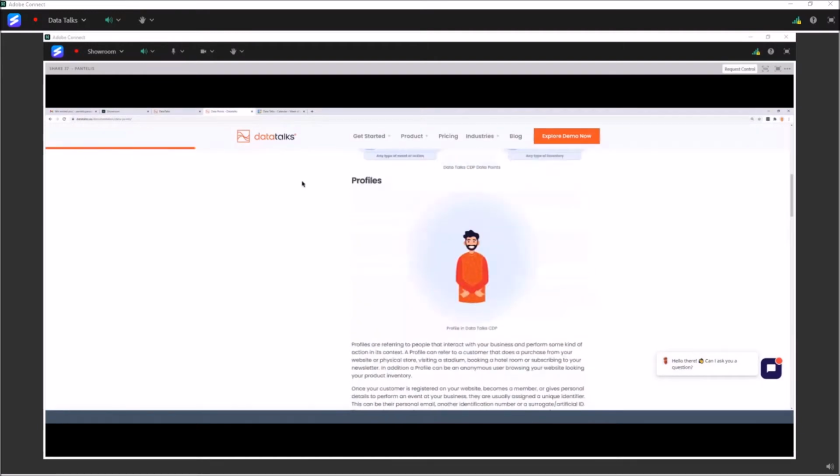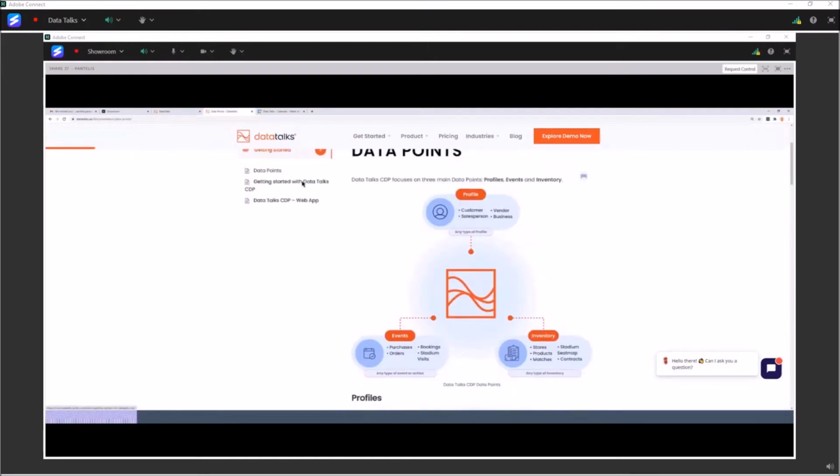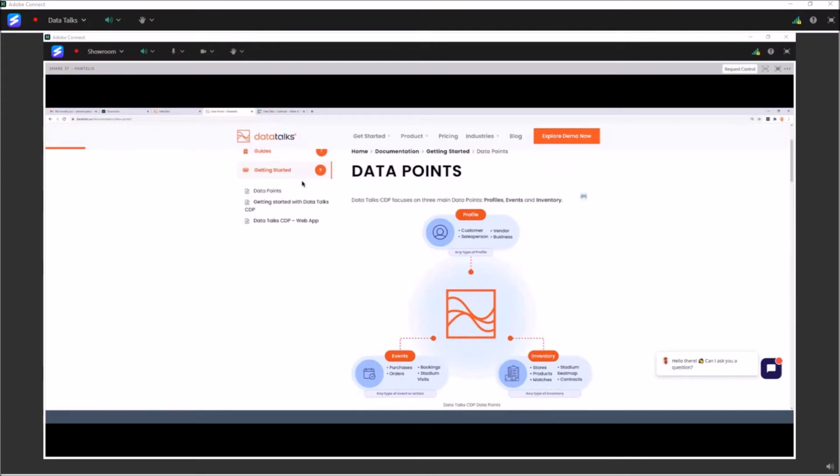and we can process it in real time. Now, Datatox CDP has three main data points, three main entities of data and three endpoints to our API. And these are profile, events, and inventory. Profile talks about different types of people or organizations or internal staff that interact with your business, and they are worth tracking, of course.